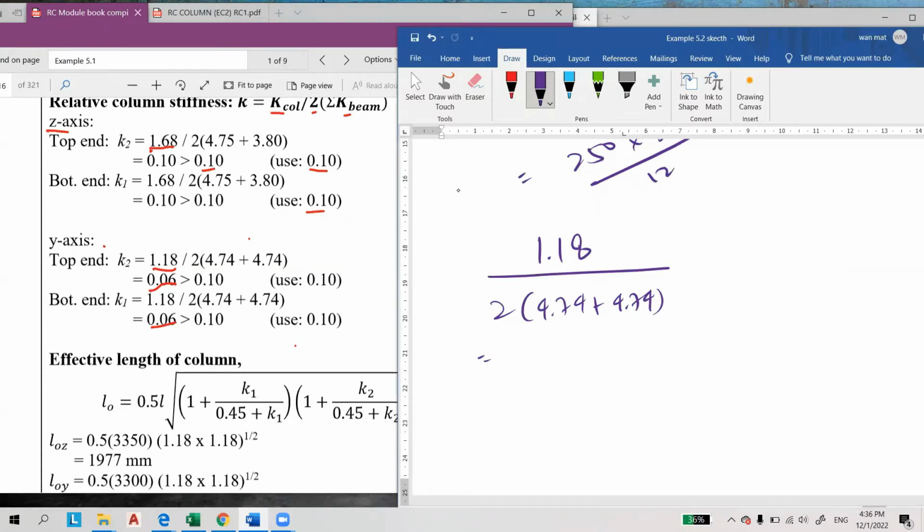So 1.18 divided by, 4.74 plus 4.74 times 2, that is 18.96.